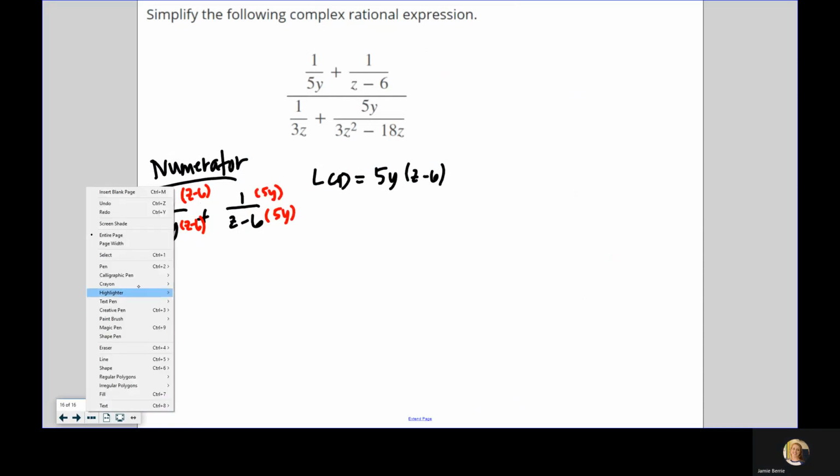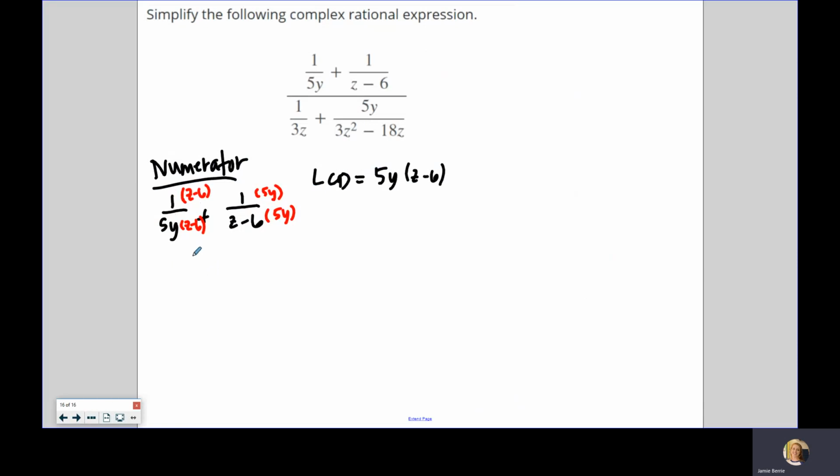Okay. So let's see what we're left with. In the numerator over here, we have z minus 6. Again, I'm leaving the denominator the same, I'm not multiplying it out, plus 5y over, same thing, 5y times z minus 6. Now go ahead and combine the top.